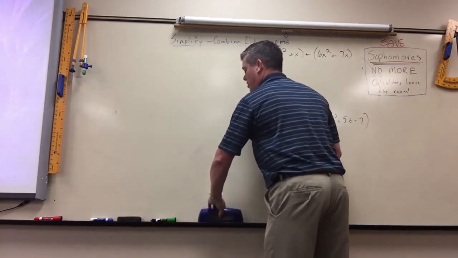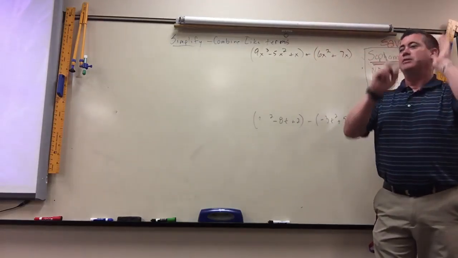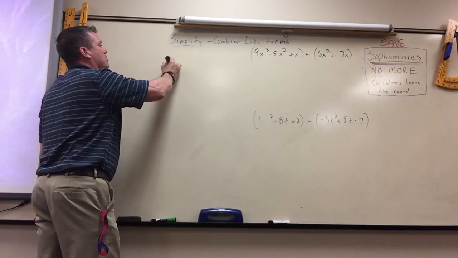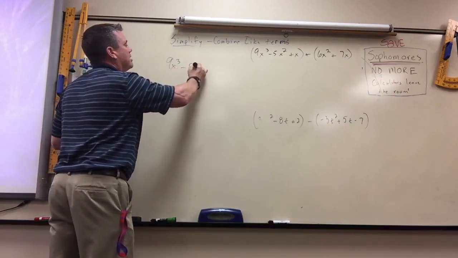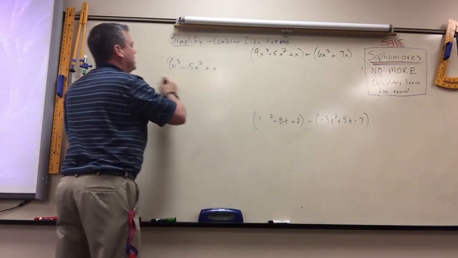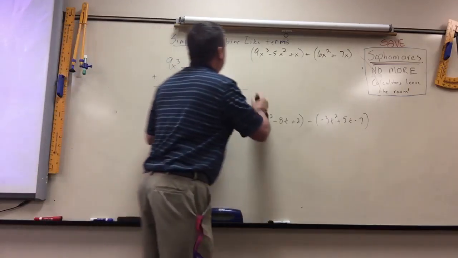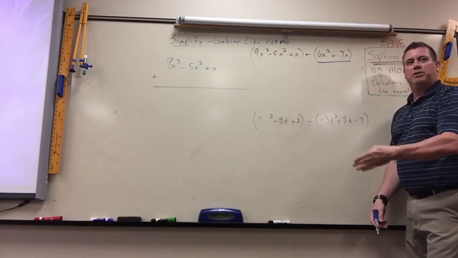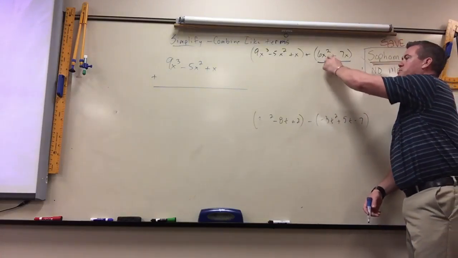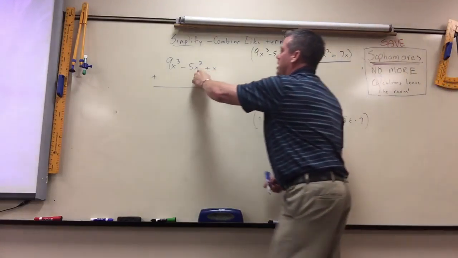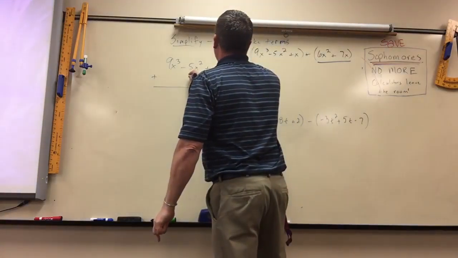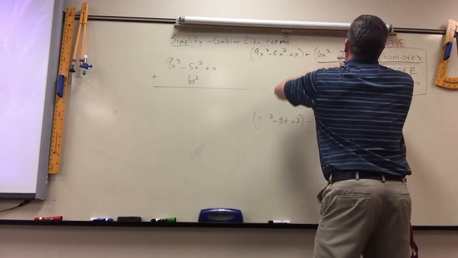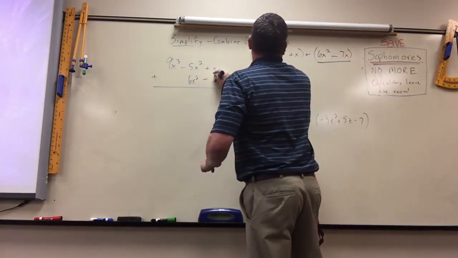You could do it like regular adding and subtracting and line them up vertically. So when I add this, I've got a 9x cubed minus 5x squared plus an x plus, then I gotta fill this one in, but you've gotta put it in line with the other exponents. So a 6x squared I would have to put there. And the positive 7, let me just change this so we do something a little different, minus 7x.